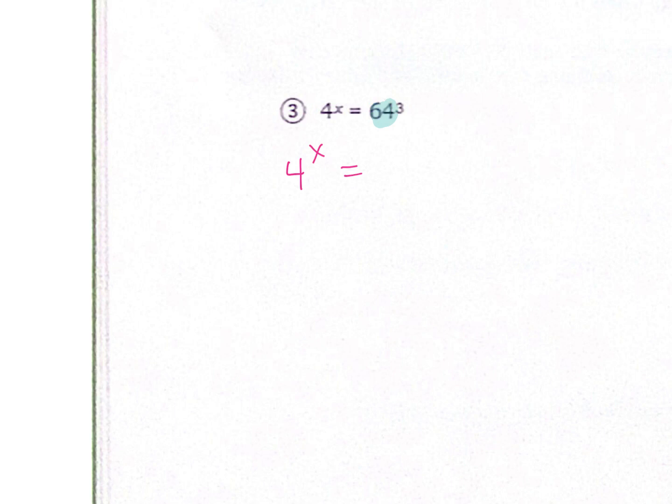So 64 is 4 to the 3rd power. And then this 3 needs to get written out there also. So it's important you don't lose sight of those. That's why I'm trying to color code there to help you with that. Okay, so this is saying that 4 to the x is equal to 4 to the 9th. So x equals 9.